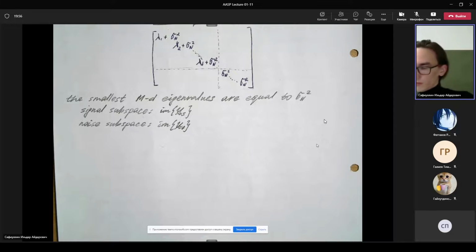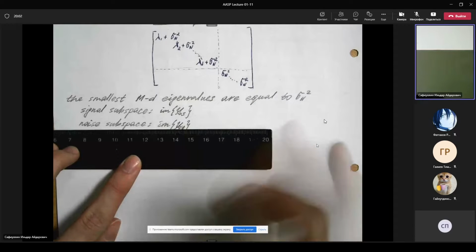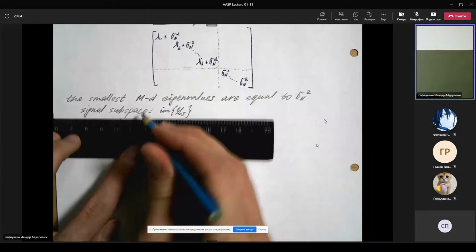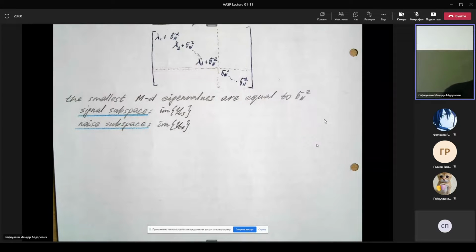Let's add blue underline for signal subspace and noise subspace here. And then let me compare what we have for signal subspace and noise subspace for the two cases.